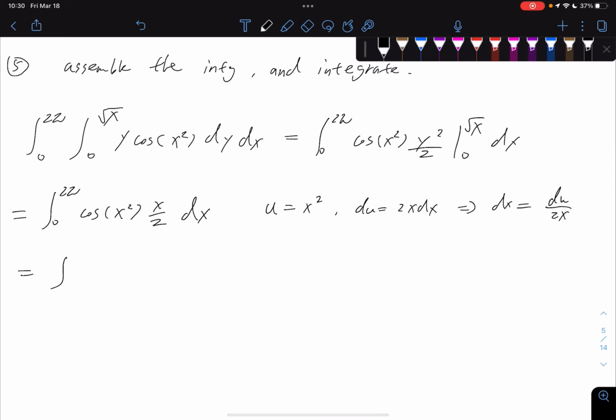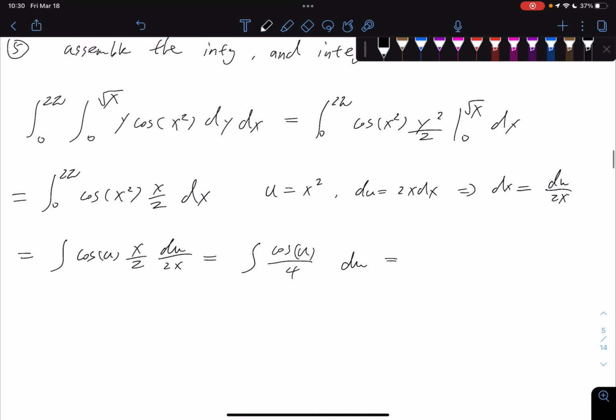That will give us cosine u times x over 2 times du over 2x. And that will give us cosine u over 4 du. And that's just obviously sine of u, which is sine of x squared over 4, from 0 to 2 pi.